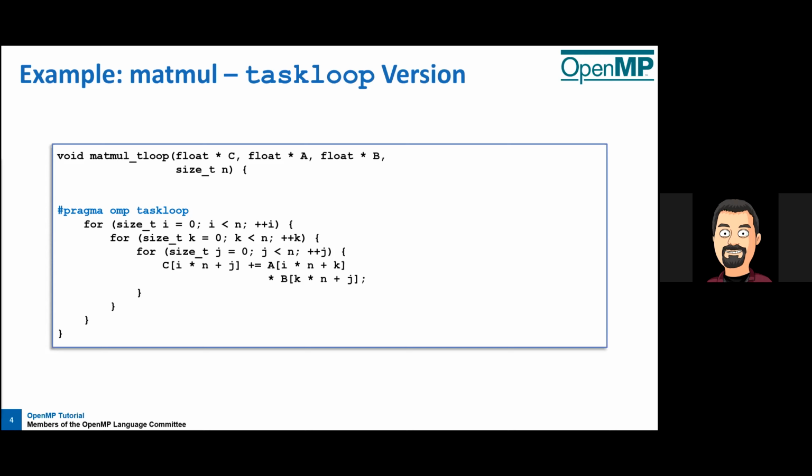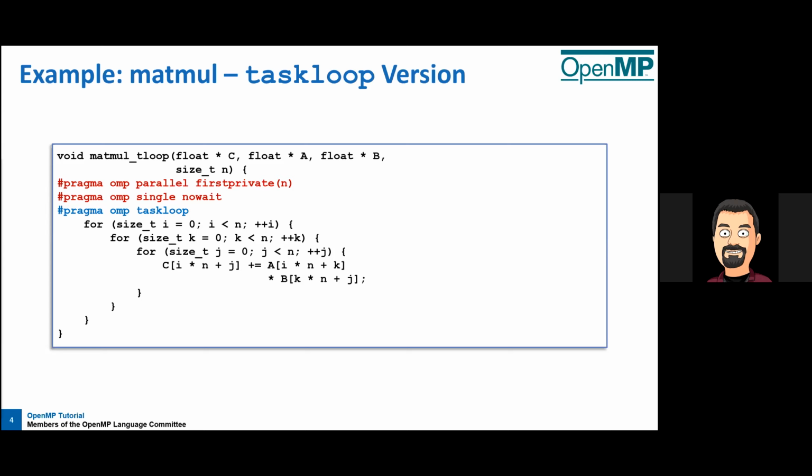So for this example, you would then have to add the parallel region directive to create the parallelism on your system, and then we're using single nowait to pick any one of the available threads to start generating the loop tasks.